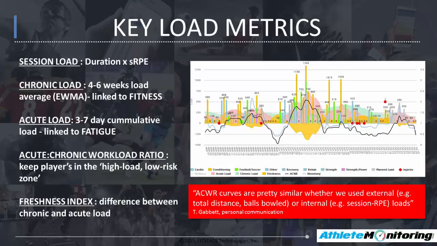And then you have the freshness index here, which is a differential between acute and chronic, represented by the yellow zone here. Now here I use the session load as session RPE. In many professional teams you have GPS measurements, and a lot of practitioners and sports scientists are using GPS metrics to calculate chronic and acute.